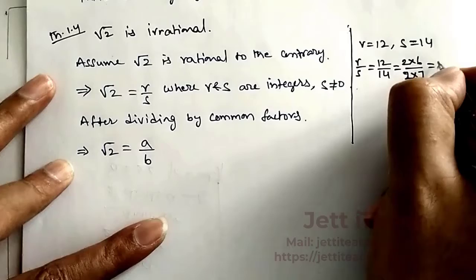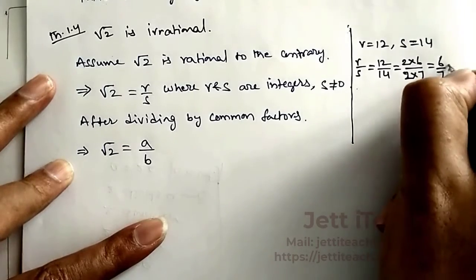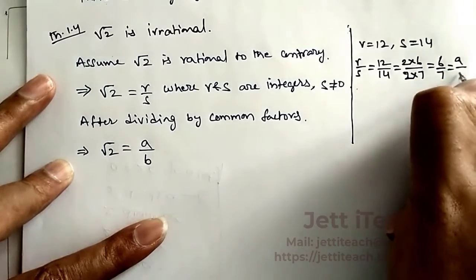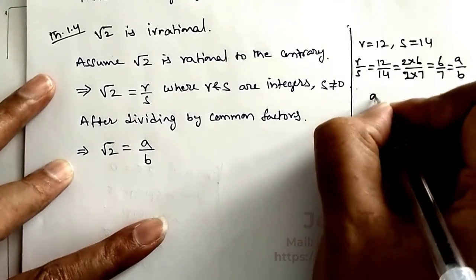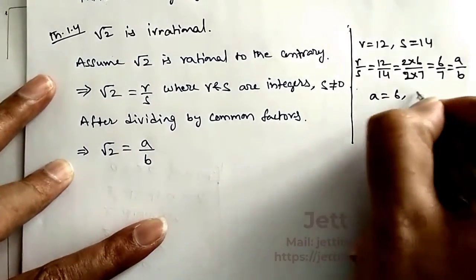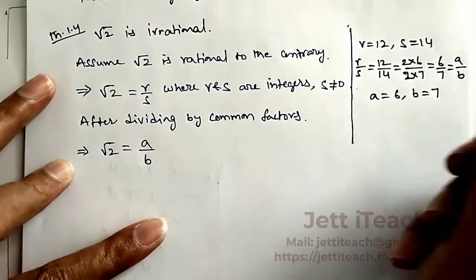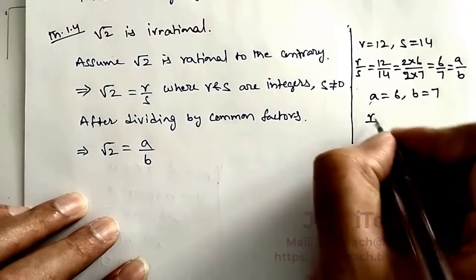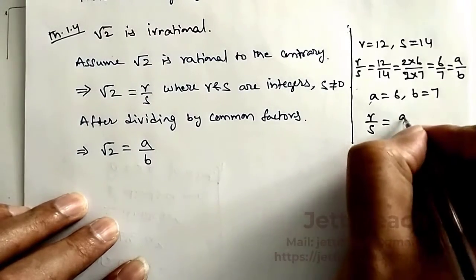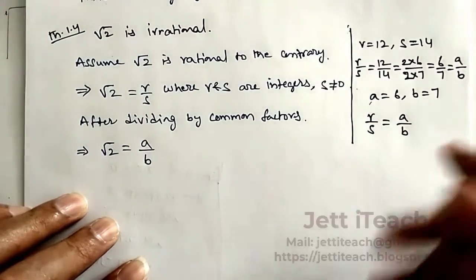If you simplify, you will get 6 by 7. You can write this as a by b. Here, a equal to 6, b equal to 7. Now we got r by s equal to a by b.